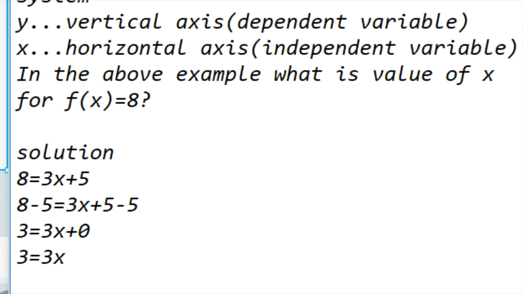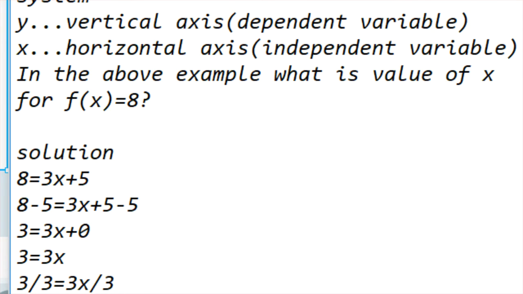Now to solve for x, divide both sides by 3. 3 over 3 equals 3x divided by 3.